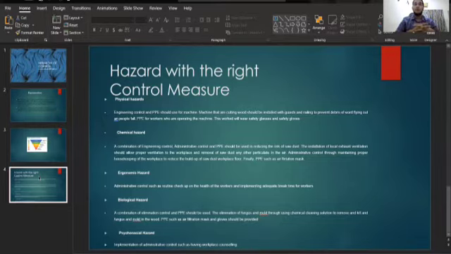The fourth one is the biological hazard. I have chosen a combination of elimination and PPE, because of the elimination of fungus and mold through using chemical cleaning solution to remove and kill the fungus and mold in the wood.